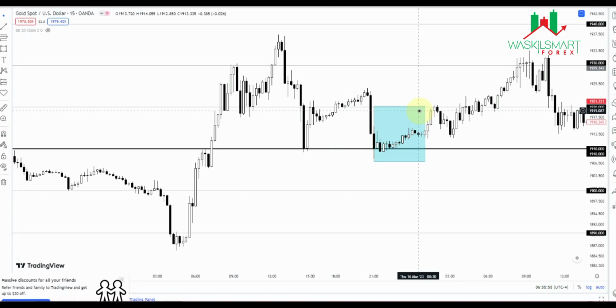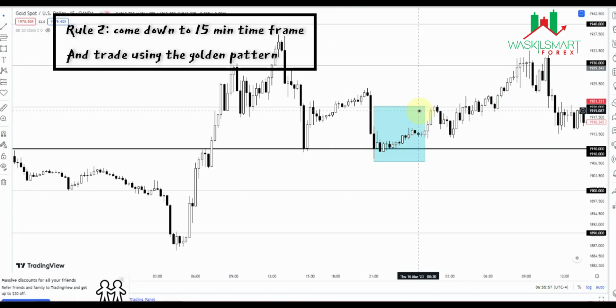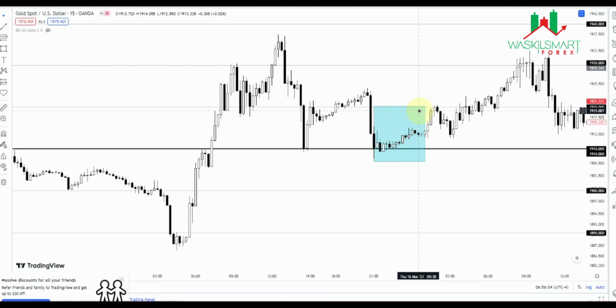So now what you need to do on the 15-minute time frame is very easy. I'm going to teach you one pattern that you need to trade with. When you get to the 15-minute time frame, that's what you are going to look for. Draw it on your paper, draw it in your books. This is what you want to scan for. Nothing lesser than that, nothing above that. You just want to scan for this pattern.